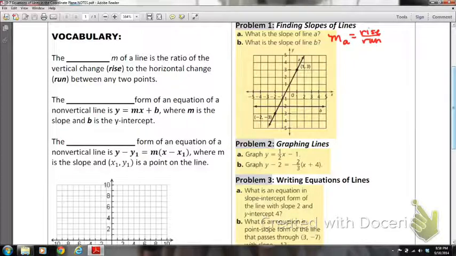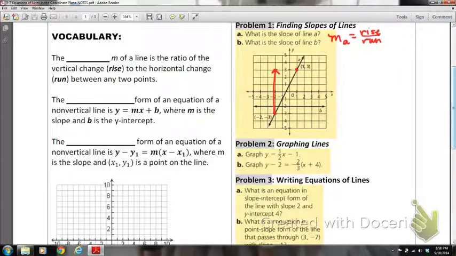So if we look at a point on line A, we'll look at the point that's -2, -3. So we want to know what is the vertical change and the horizontal change to reach the other point on the line, which is 1, 3. So let's count the units to go up. That's a positive change in y.